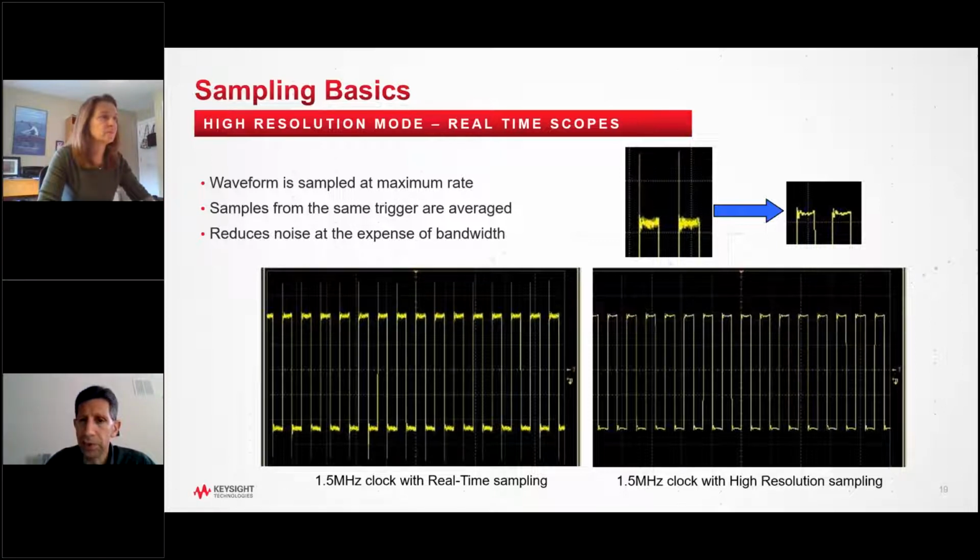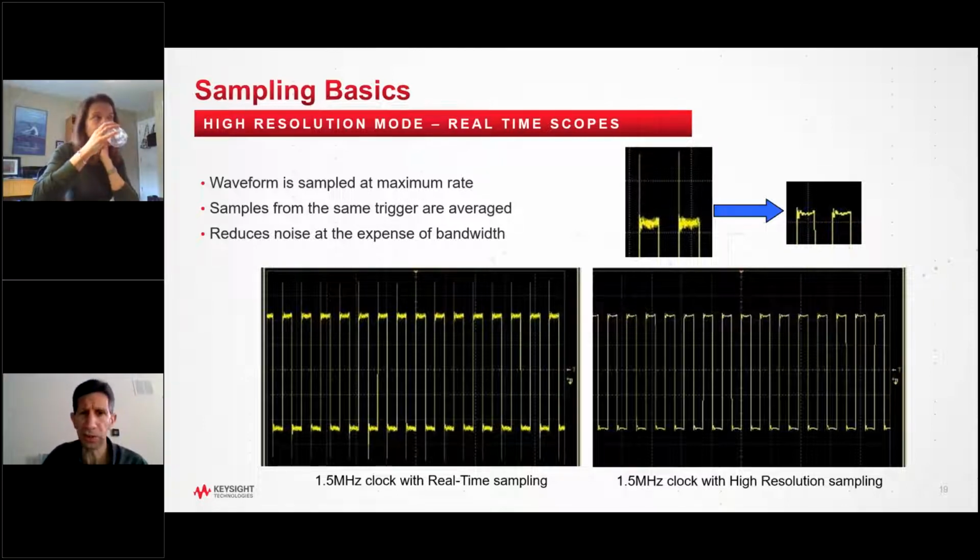So what you're doing essentially is you're trading off resolution and noise compared to bandwidth. But in this case, I've only got a 1.5 megahertz clock and I have a 100 megahertz oscilloscope in this example. So I've got bandwidth I can trade off. Obviously, if you're pushing the bandwidth specification of the oscilloscope, then you can't use high resolution mode.